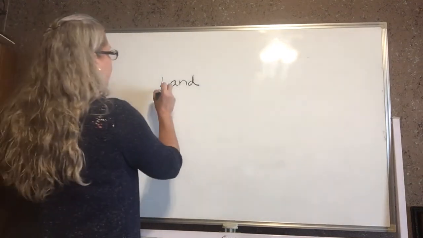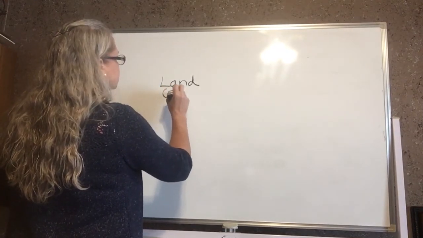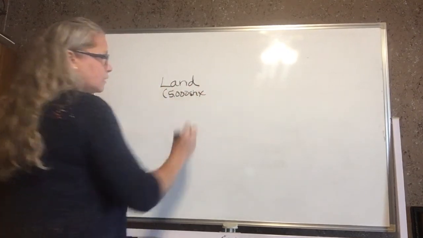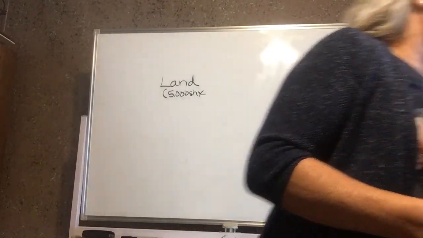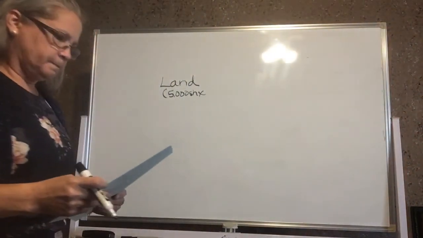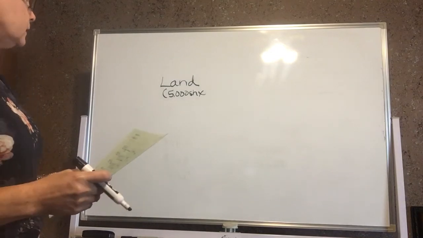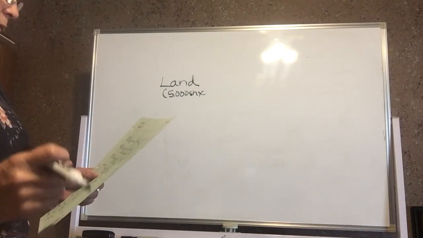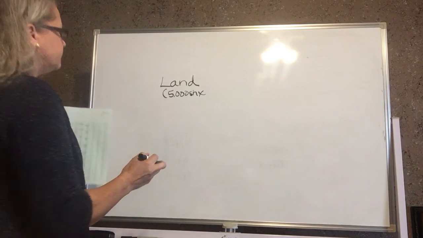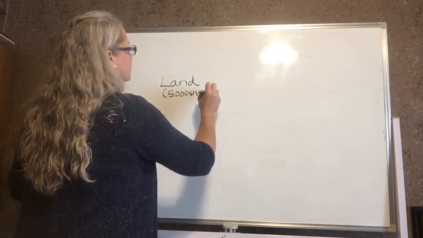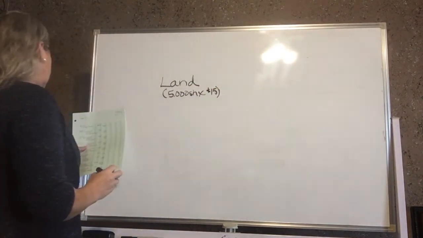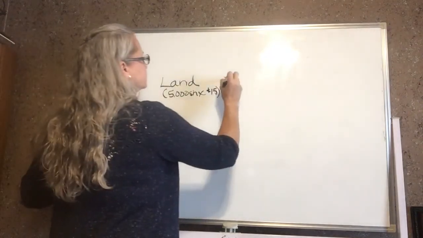I'm giving up 5,000 shares, and the price that it is trading on the market for is 15. So 5 times 15 is $75,000 value.